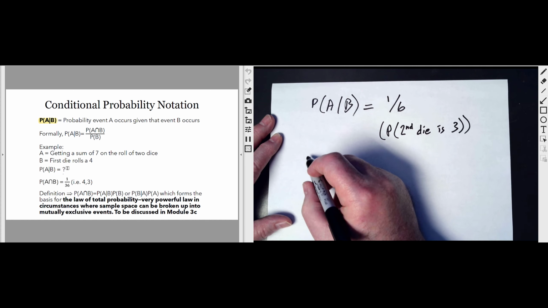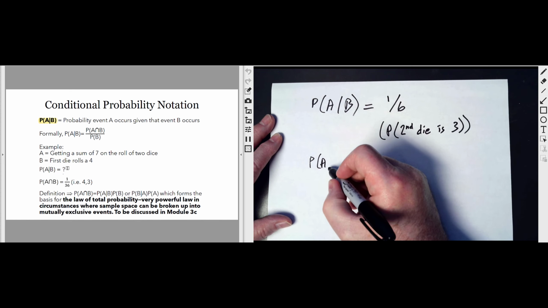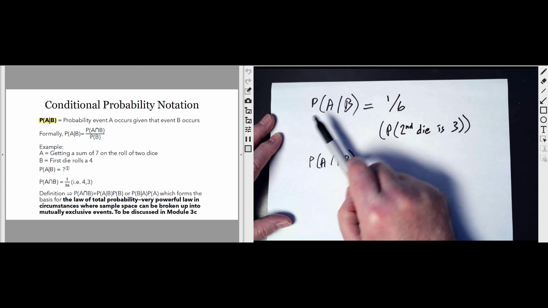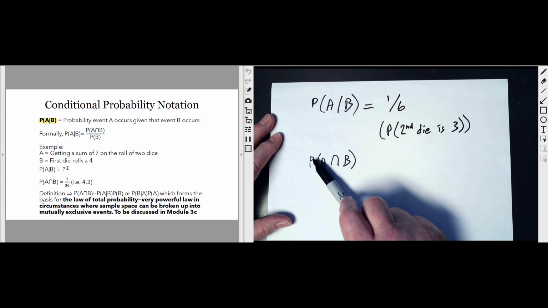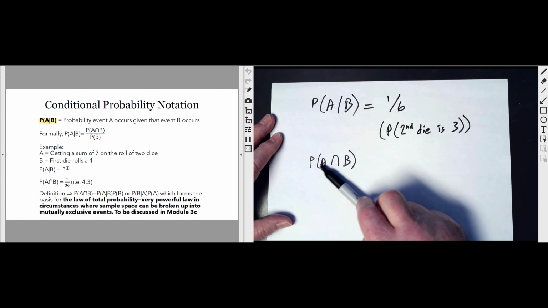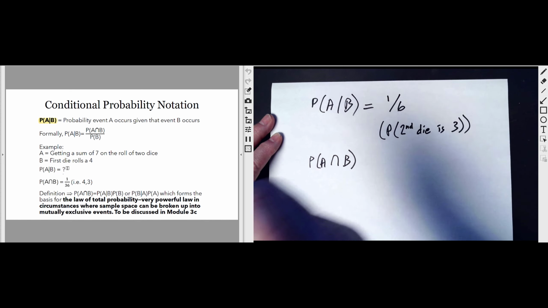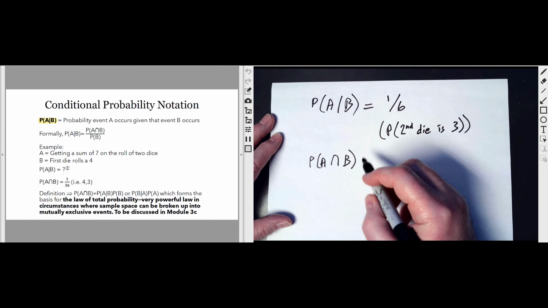And we're asking, what is the probability of A and B? Okay, given that we know the probability of A given B, we can compute the probability of A and B, that is, the probability that we roll a 7 and that the first die is a 4. From our definition, we just move the probability of B to the other side.